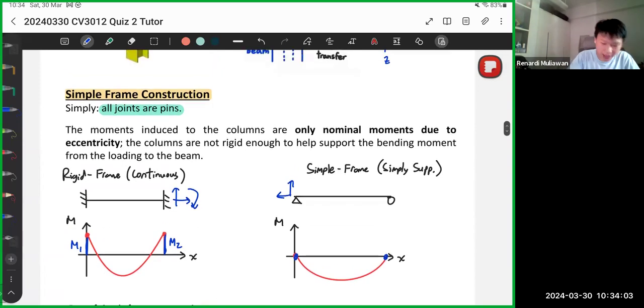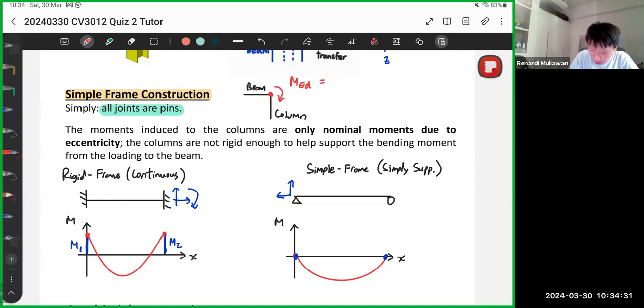So now if you notice, there are two sources of your moment on the column. So if this is your beam, this is your column. Okay, so this is beam, column. It's a very simple drawing, just lines. But basically, the moment on the column is actually caused by two things.